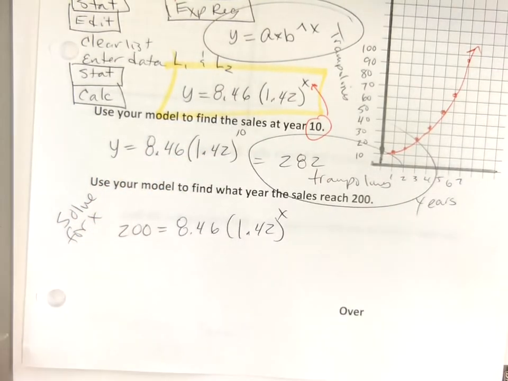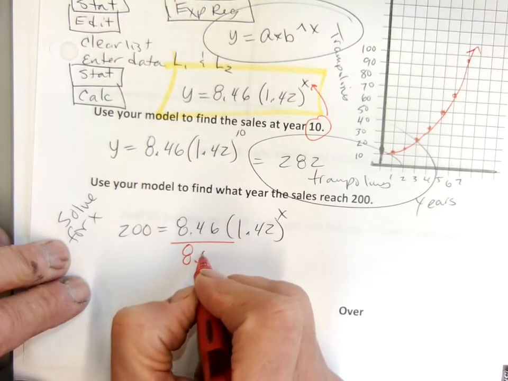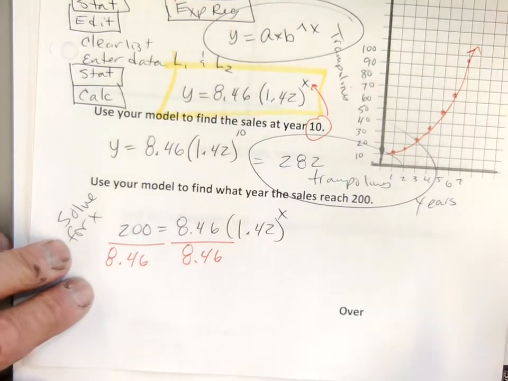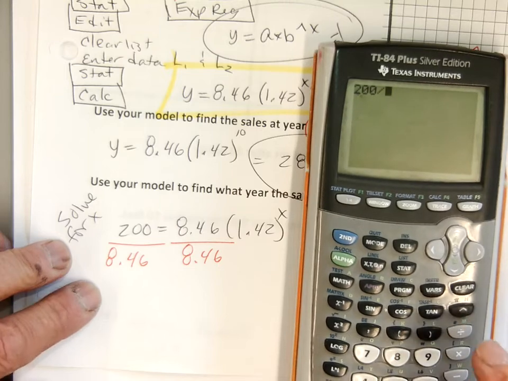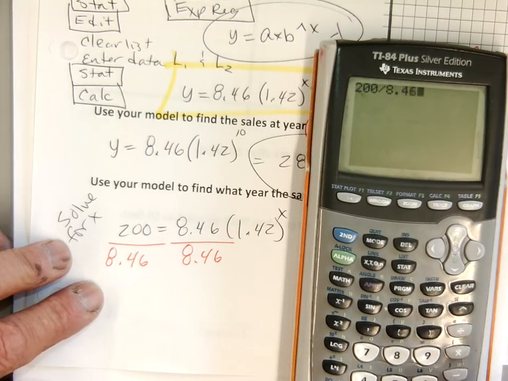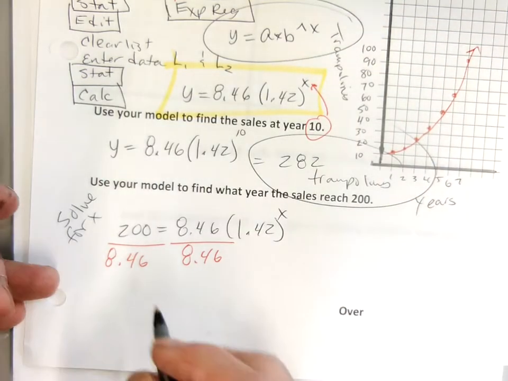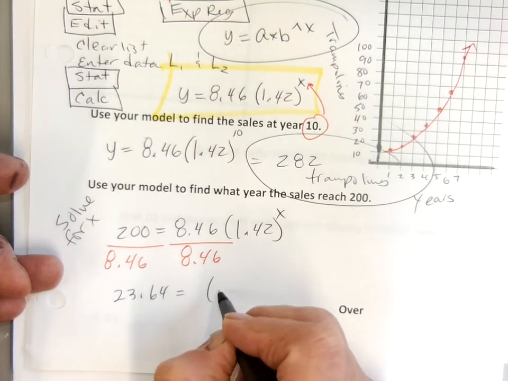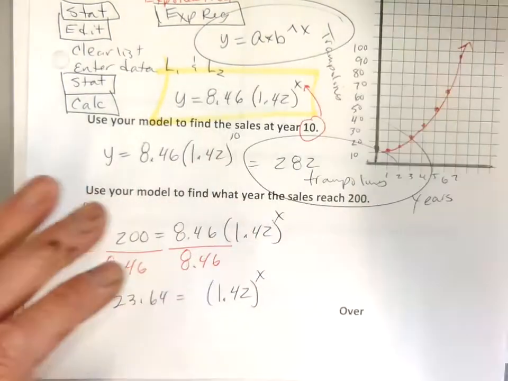First thing I'm going to do is divide by 8.46. I'm going to go 200 divided by 8.46, and I get an answer of 23.64. 23.64 equals 1.42 to the x.